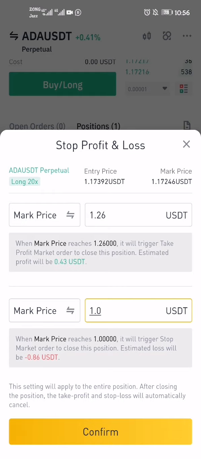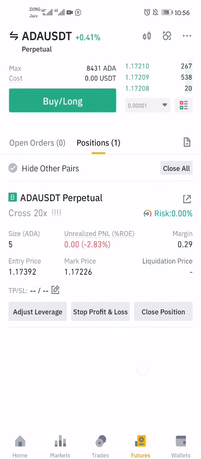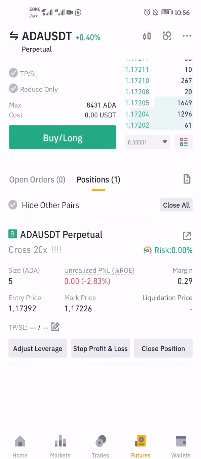My trade will be closed. It will not touch the liquidation price. I'll be on the safe side, but I'll lose $0.86. If the price rises, my trade will be closed and I'll get $0.43.